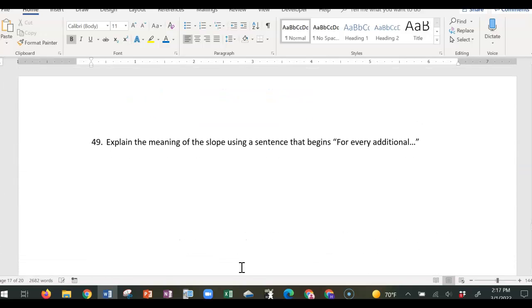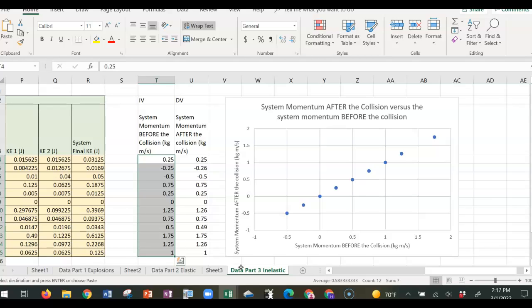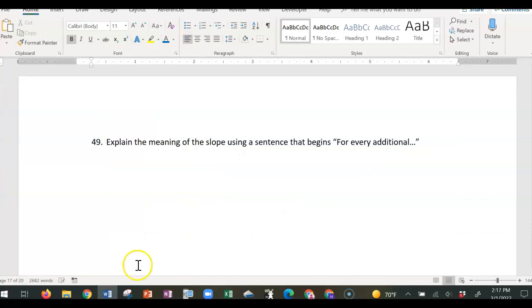The meaning of this slope, okay, so again, if we look at that graph, it's saying that as the system momentum before the collision increases, the system momentum after the collision also increases.